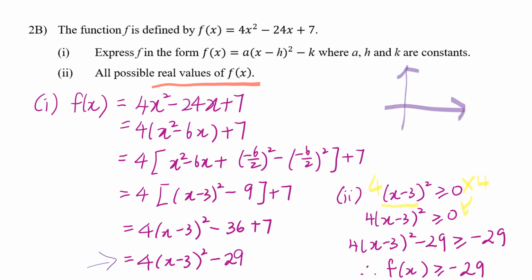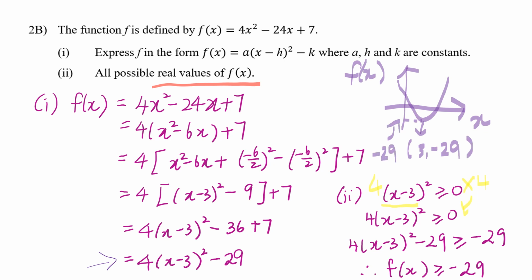The x-axis is labeled x, the y-axis is labeled f(x). Your curve will be like that. Your minimum point here is (3, negative 29), so your minimum value here is negative 29.